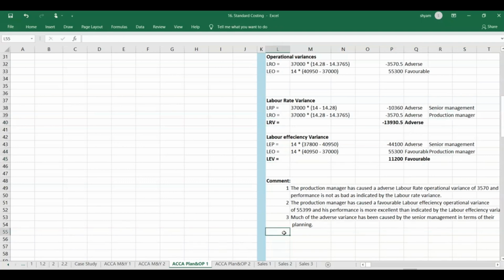You can also put like this: 4, the total variance caused by the production manager is, add both, you'll get the answer. Add this one and this one, and that comes to 51,730.